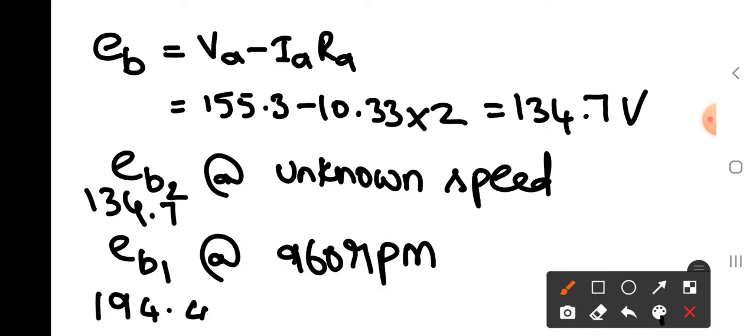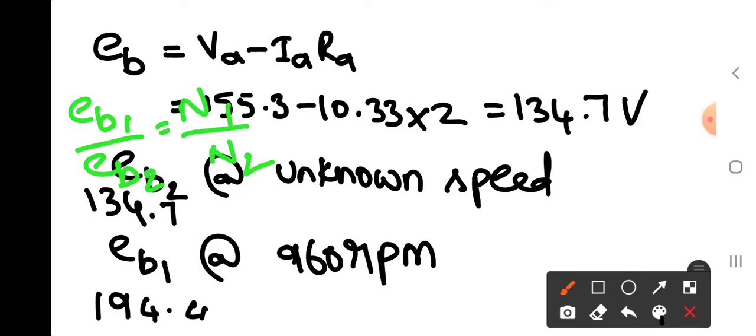Yes, we have the equation: Eb1 by Eb2 is equal to N1 by N2. Now can we find the value of N2 here? Yes, I can.